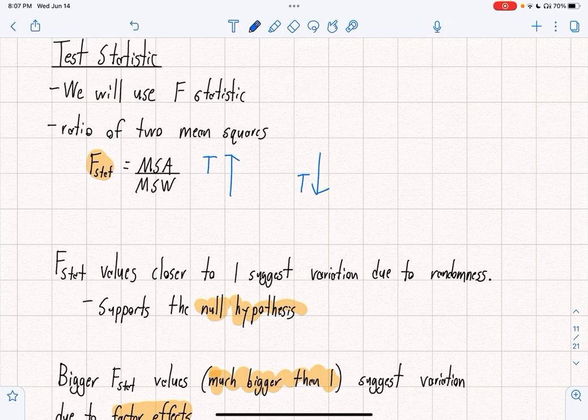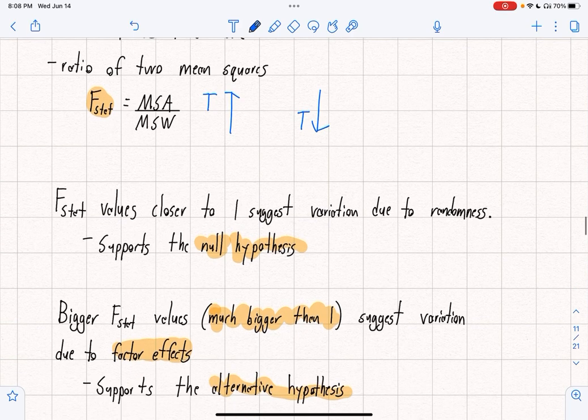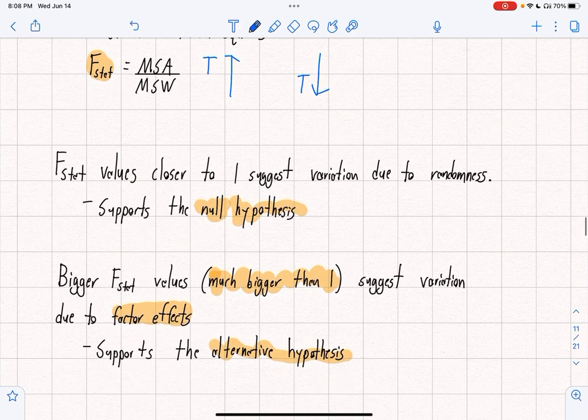But if we get a small F stat, then that means MSW is a lot bigger compared to MSA, and therefore the variation is due mostly to random chance and within variation rather than across group variation. So we're going to want big F stat values in order to reject the null hypothesis.